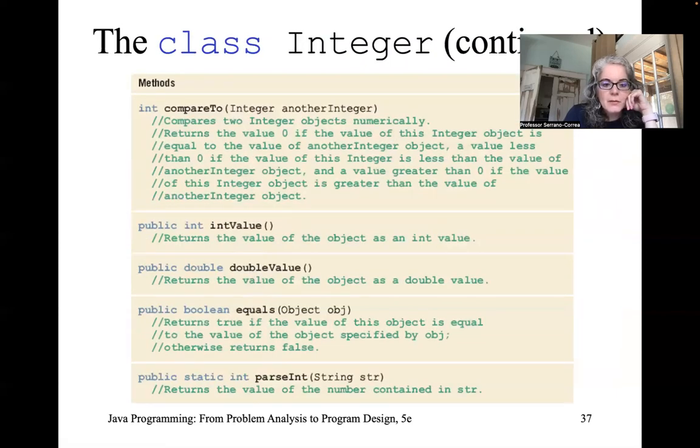If I want to compare to another Integer object, I would use this method. If I want to get the integer value of that object, I would use this one. Basically it's reverting it back to a primitive int and not an object. If I want to return the value of the object as a double, so I want to take my integer 86 and return it as a double, I can do that.